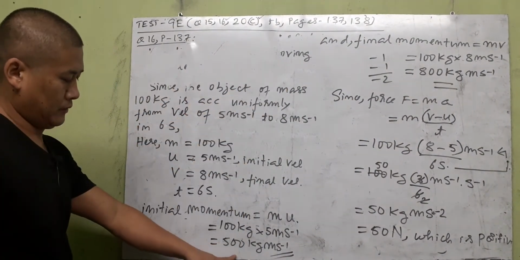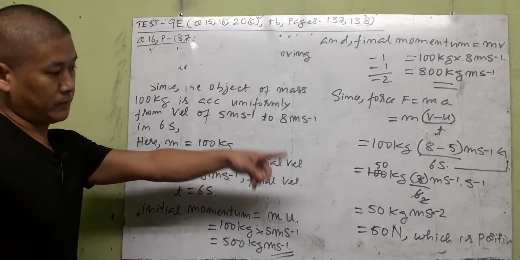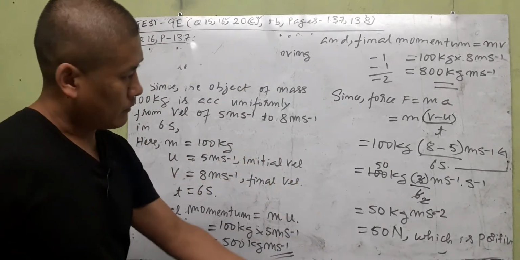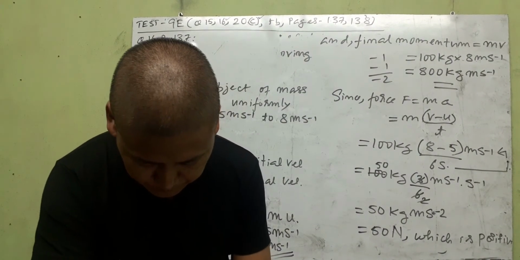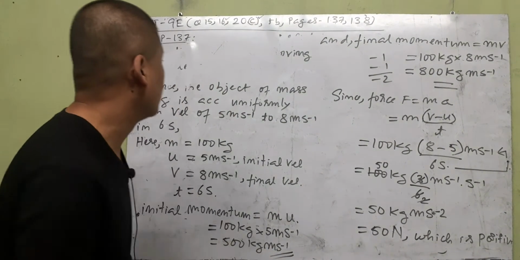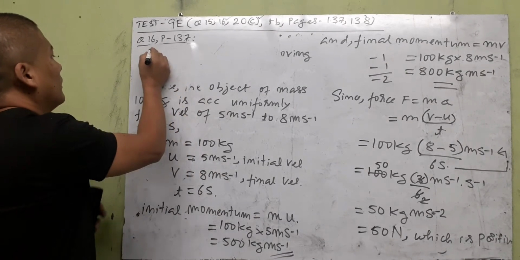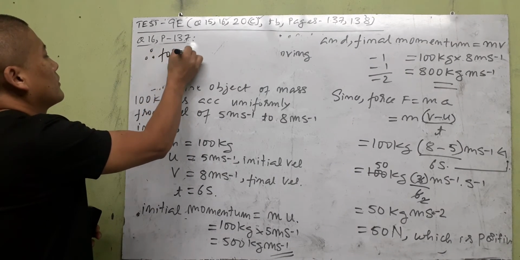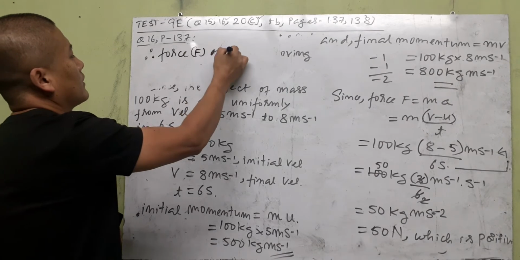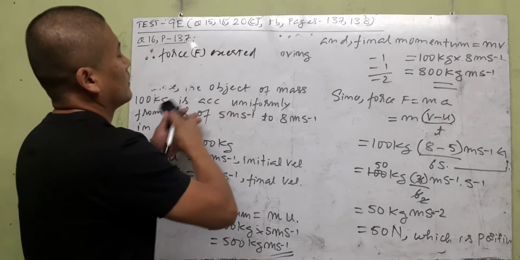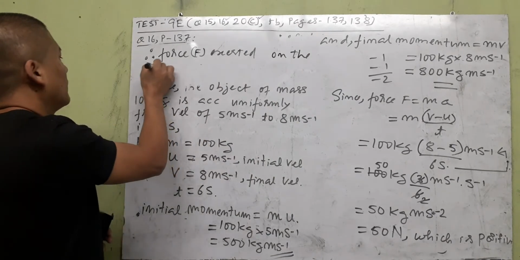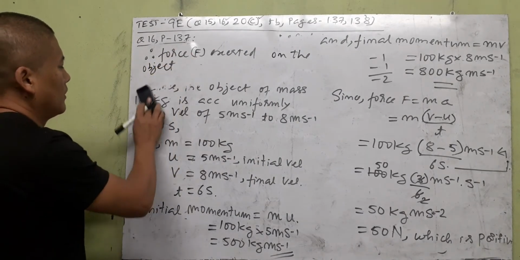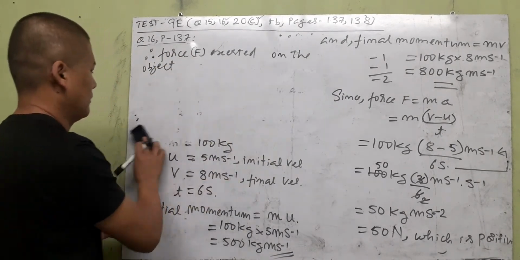First answer, this one: initial momentum, final momentum, and force exerted. Force exerted on the object, therefore, force F exerted on the object by this 100 kg mass object.